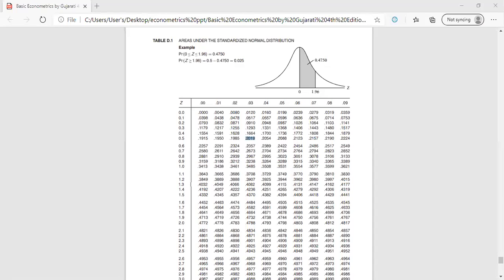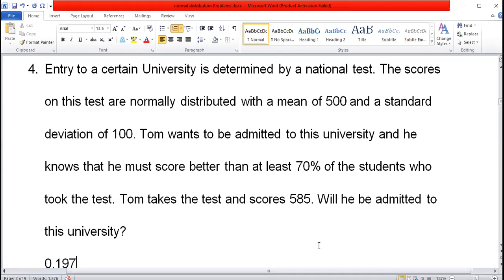Yes. Now you want to see the question again. Okay, here it is. Can you see now? Yes, Professor. So what is 0.197? What does it mean?